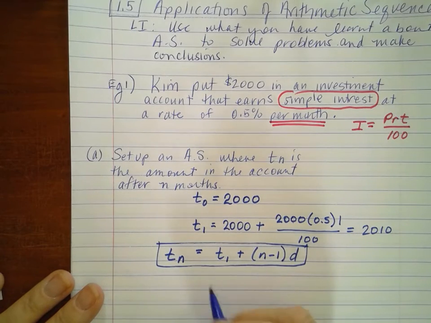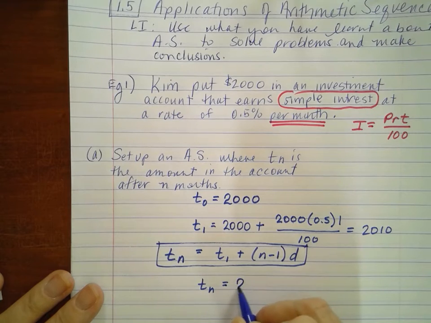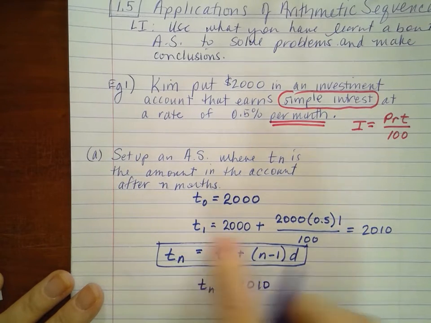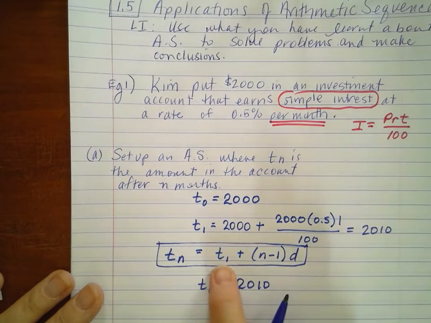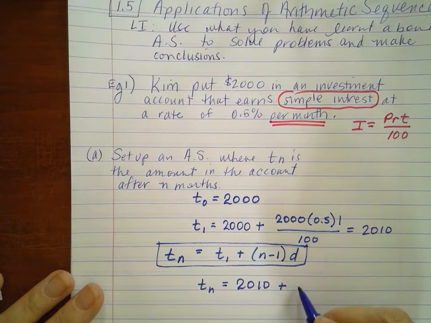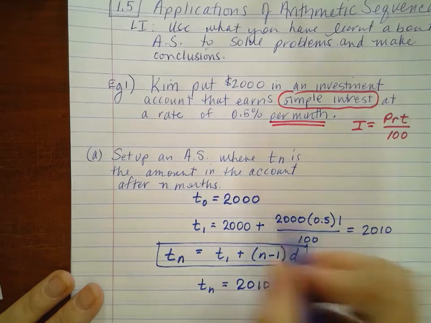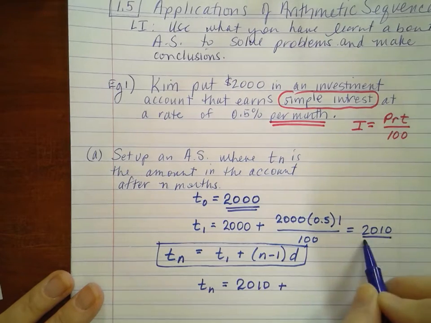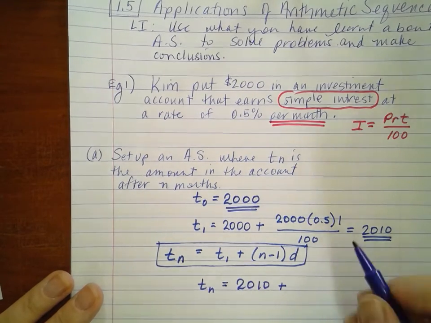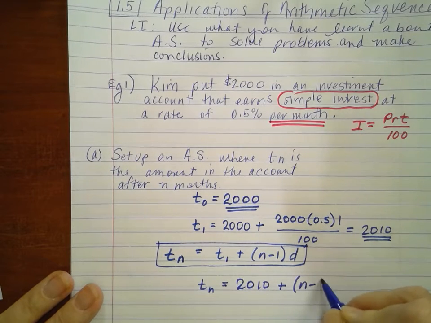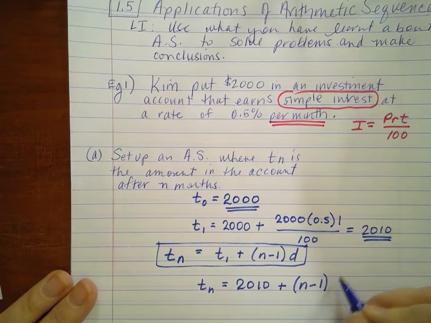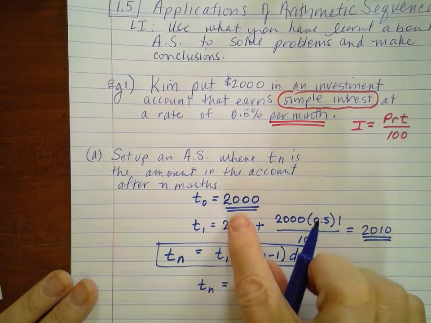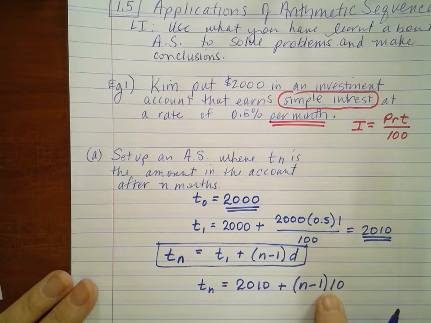So T sub n equals 2010, since I figured out T sub 1, plus n minus 1 times the difference. The difference from here to here is 10. So I'll do n minus 1, I don't know how many months yet, times 10. The difference was 10, so that's my d.